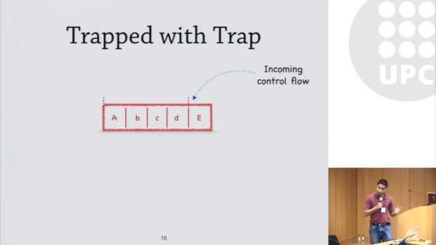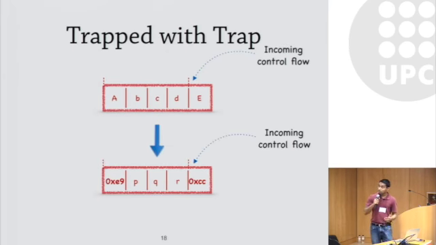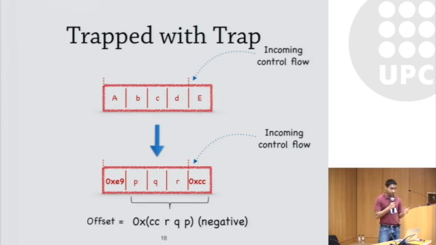So let's say this first instruction is of length 4 bytes now. And if we try to play the same trick, now this trap will end up being at the very last byte of this offset. And x86 is little endian, so we need to reverse the byte order to get the actual offset value.